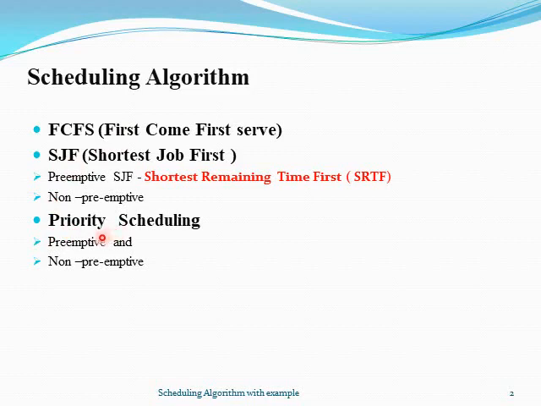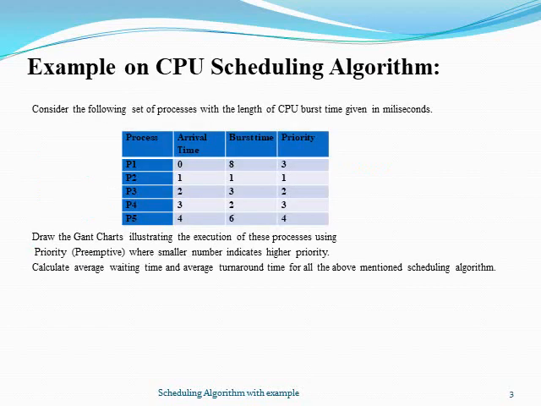This priority CPU scheduling algorithm is also of two types: preemptive priority scheduling and non-preemptive priority scheduling. We'll discuss priority scheduling with the help of an example. In this given example, 5 processes are given, with their arrival time, burst time and priority.